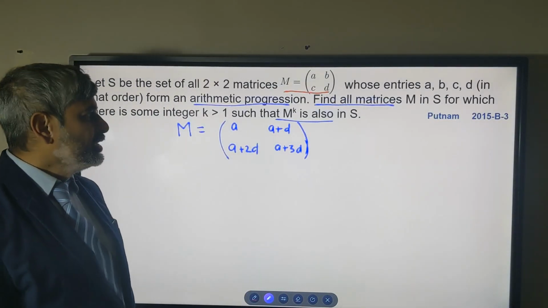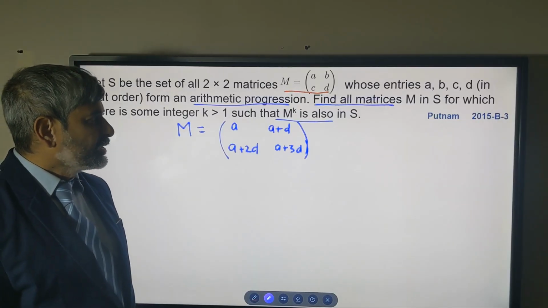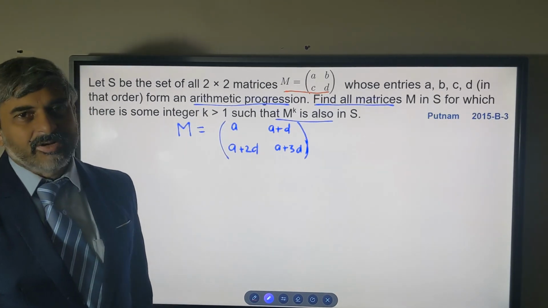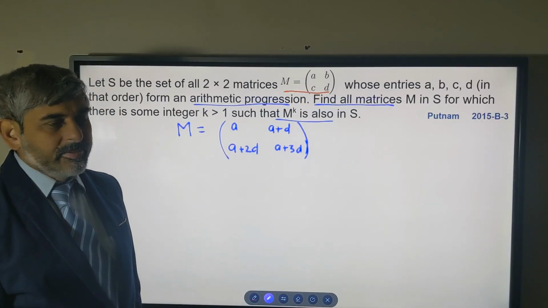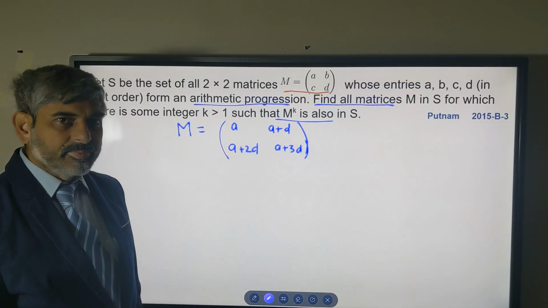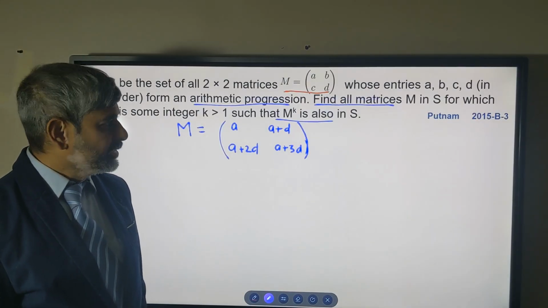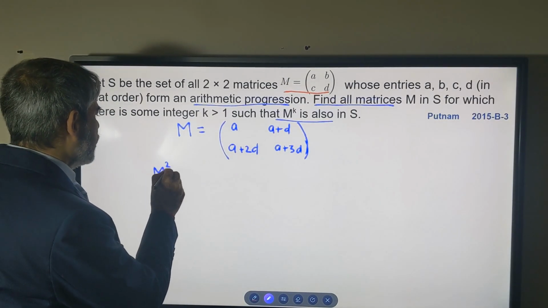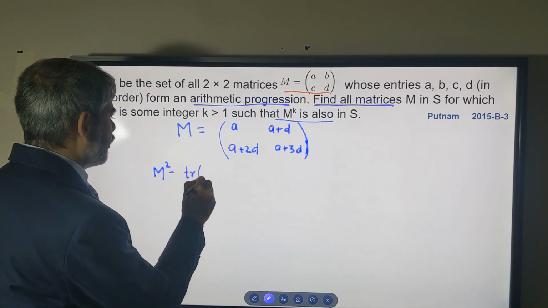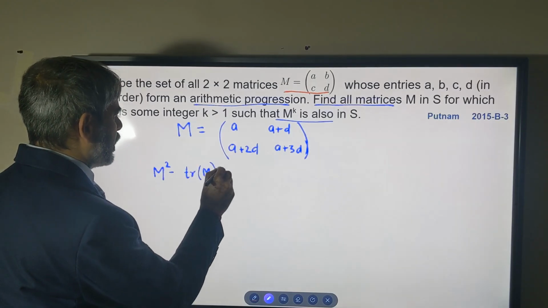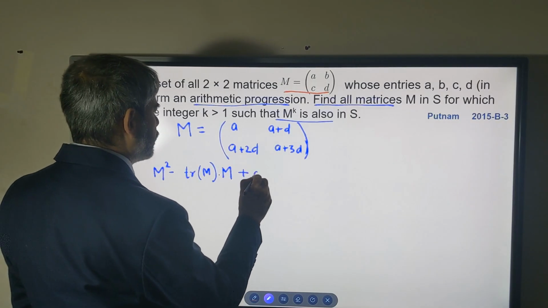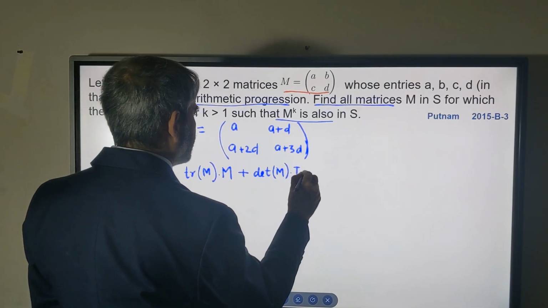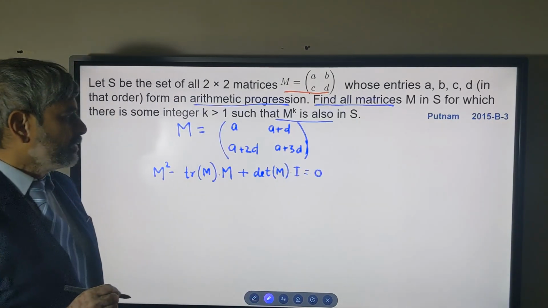What we are trying to do here is take a look at how we can find the higher powers of this matrix. And we know that for a 2 by 2 matrix, the Cayley-Hamilton theorem reduces to M square minus trace of M multiplied by M plus determinant of M multiplied by the unit matrix I equal to 0.